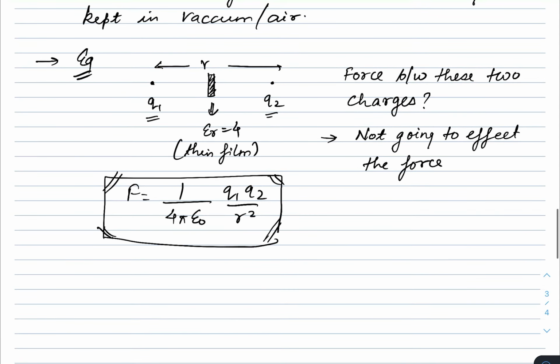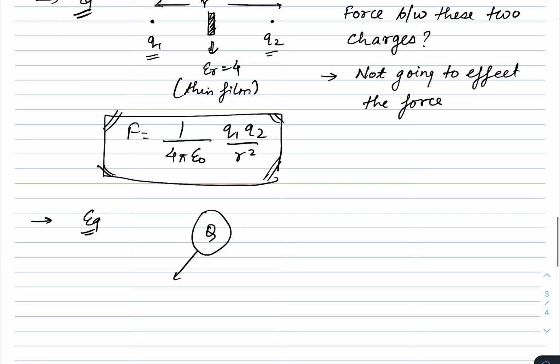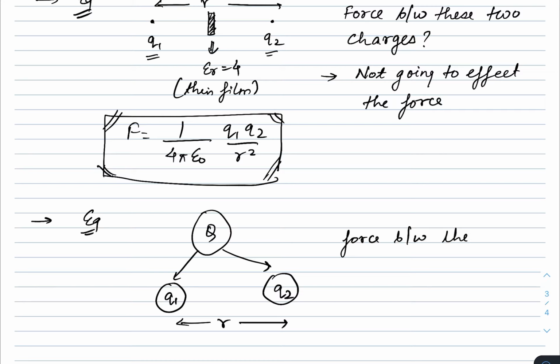Okay. Now take one more example. Say we have a charge Q, broken into two parts such that if I keep them at a separation R, the force between them is maximum.